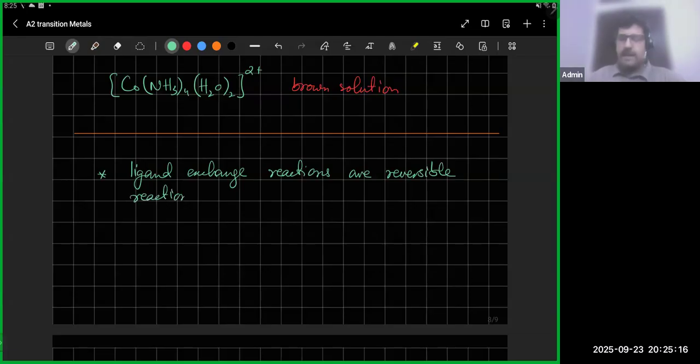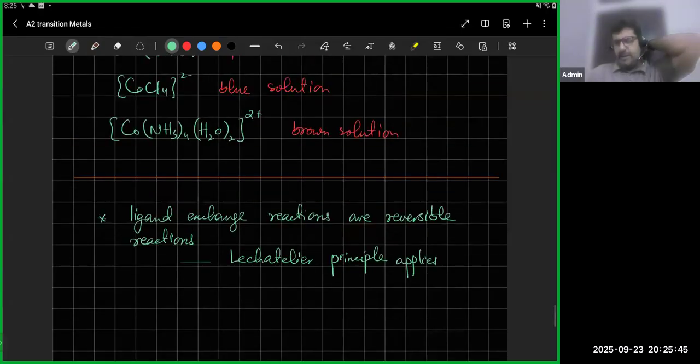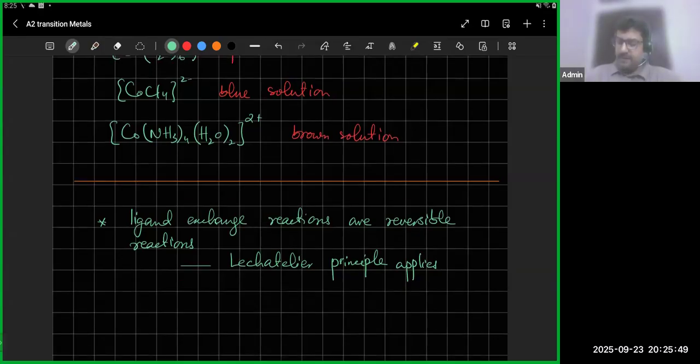All these ligand exchange reactions obey the Le Chatelier principle about equilibrium shifting to the right or left. I'm not going to go into detail because you already know that if you increase or decrease pressure or temperature, the rules apply: if you increase temperature, the endothermic direction is favored, and if you decrease temperature, the exothermic reaction is favored.